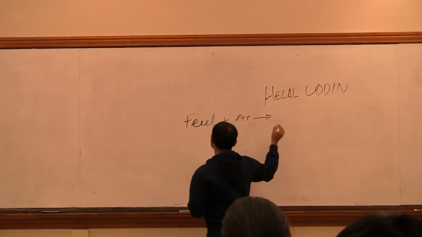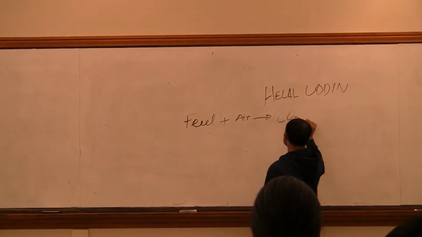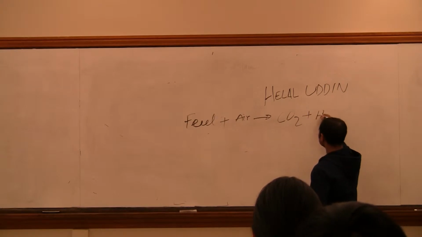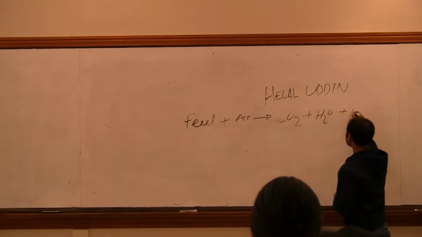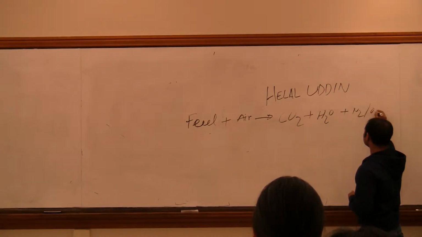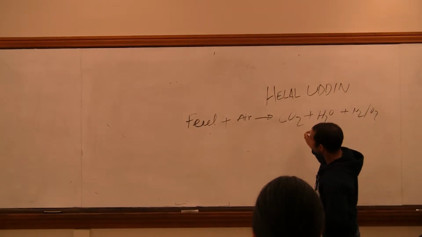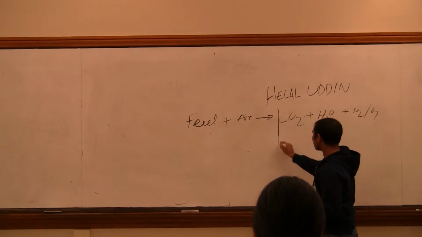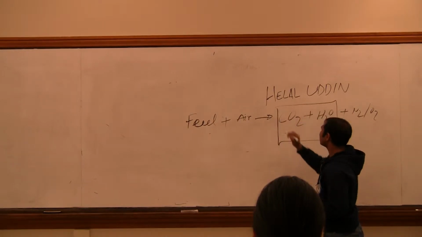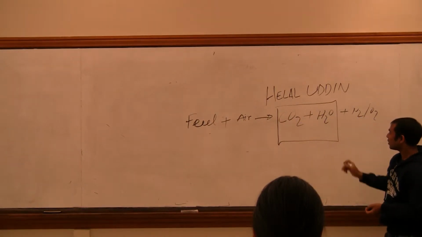When you burn, you have carbon dioxide, steam, and also excess nitrogen and oxygen from the air. Now you can't emit all that carbon dioxide to the atmosphere. You have to separate this carbon dioxide and steam.